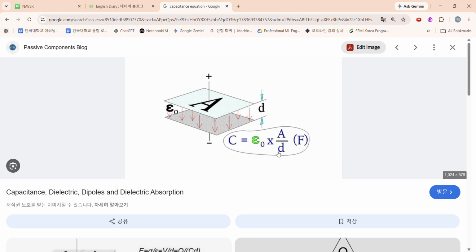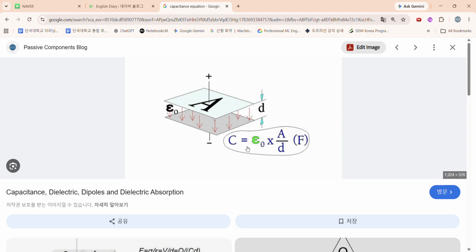So we need to increase A to store high capacitance, because if the capacitance is not high, then even though it turns on, the computer couldn't accept whether it's 1 or 0, because it is very small.